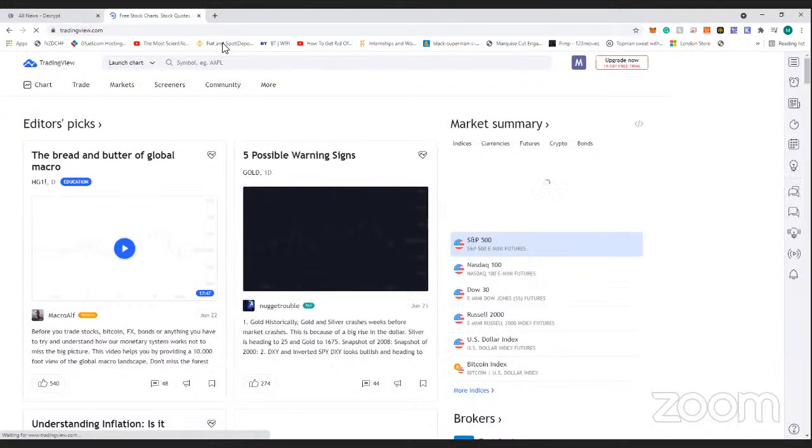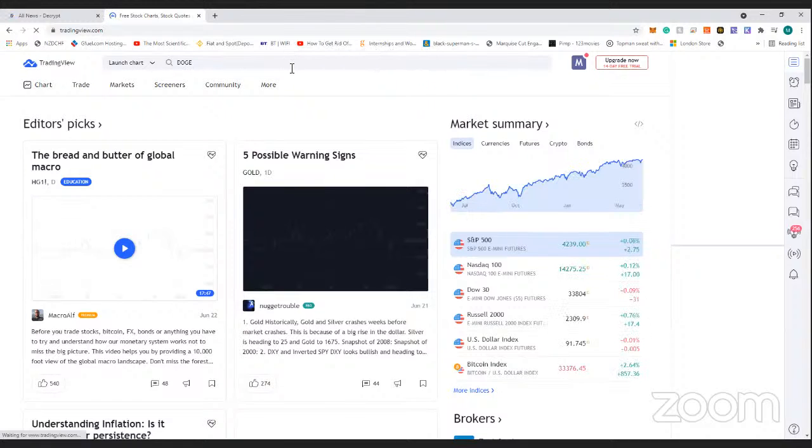Okay, so if I pull up TradingView right here and I go to Doge, pull this up. Whilst we're waiting for this to load, it's moving a little bit slow.